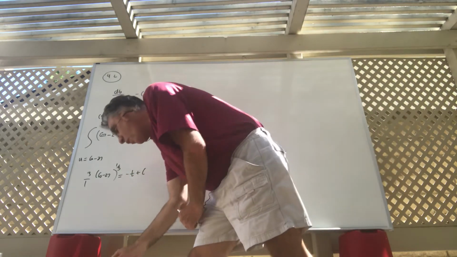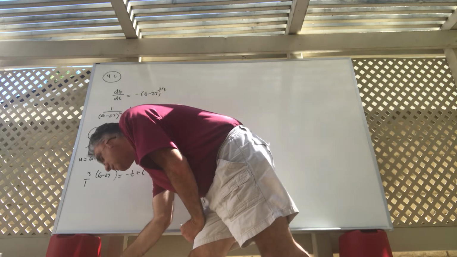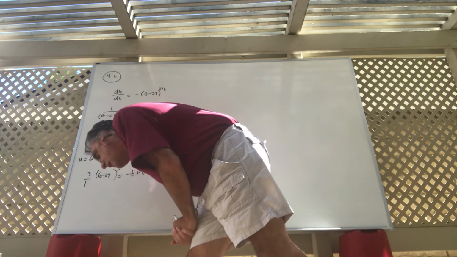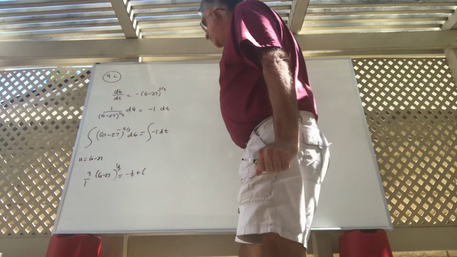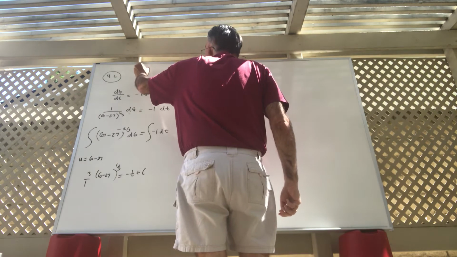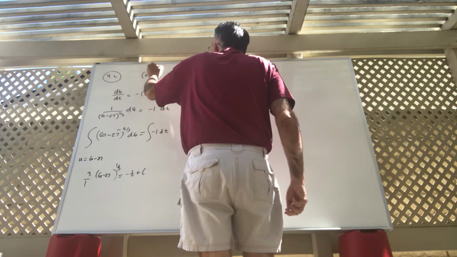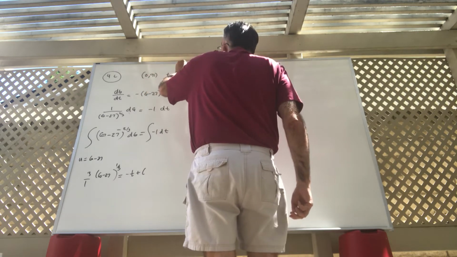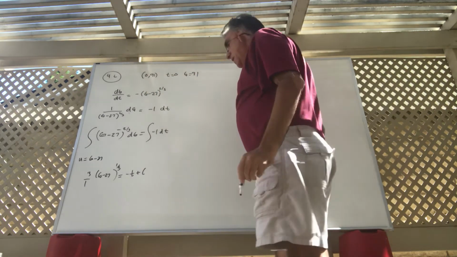Now, I think they had to give us a point that it went through. Yeah, (0, 91), and I forgot to write that up here. So when t is 0, g is 91.